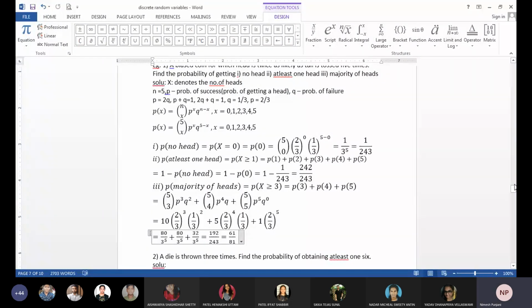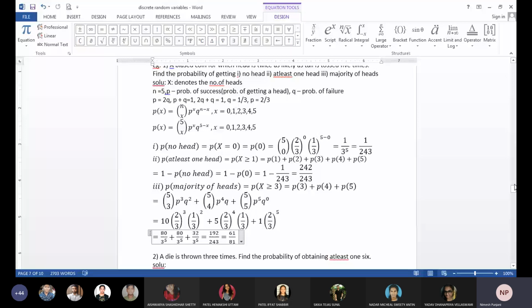So 5c3 is 10, 5c4 is 5 and 5c5 is 1, और साथ में P और Q का वैल्यू सब्स्टिट्यूट करना है. Okay, this much is okay. Yes, sir. Fine.